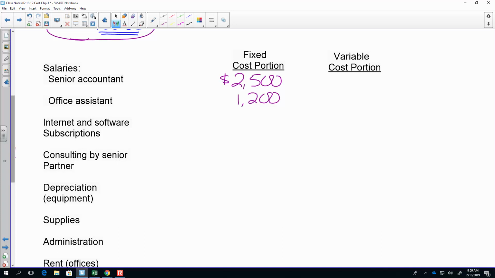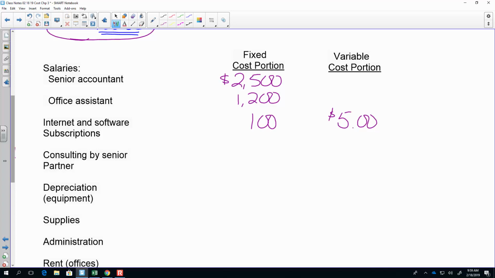Internet software, we just got done with it. What part is fixed? 100, good, Jay, thank you. But what was the variable part? 5. So please put the 5 on the variable column.